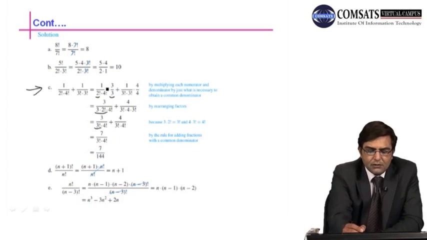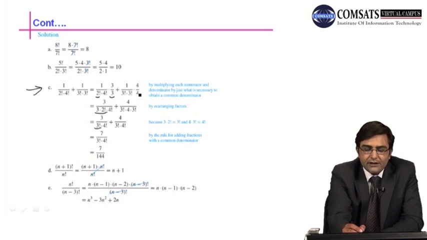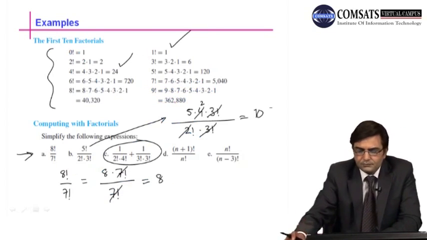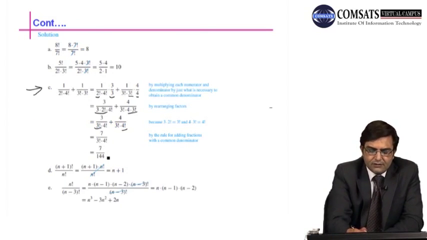Then we multiplied and divided by 4, and then 3 factorial into 4, or 4 into 3 factorial, can be written as 4 factorial. Now this becomes 3 factorial 4 factorial, this becomes 3 factorial 4 factorial. Now we can take the LCM 3 factorial into 4 factorial. We can easily simplify this. 3 plus 4 is 7. Now this becomes 7 over 3 factorial, which is 6, 4 factorial, which is 24. Now 6 into 24 is 144.